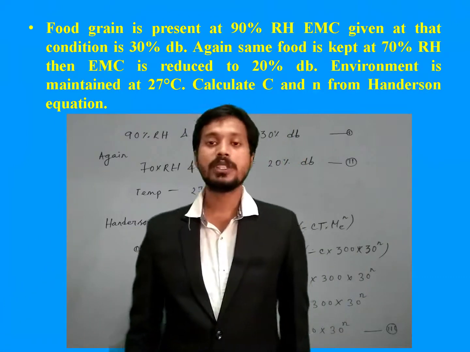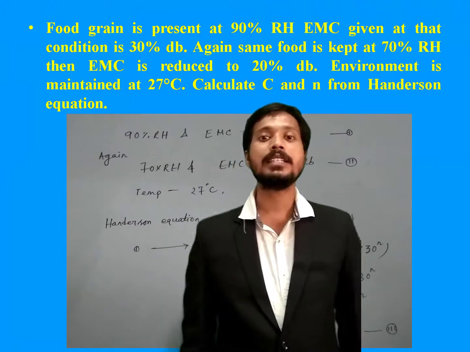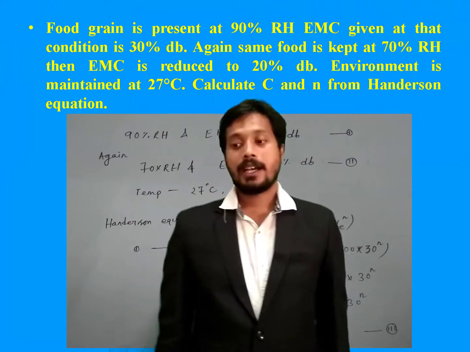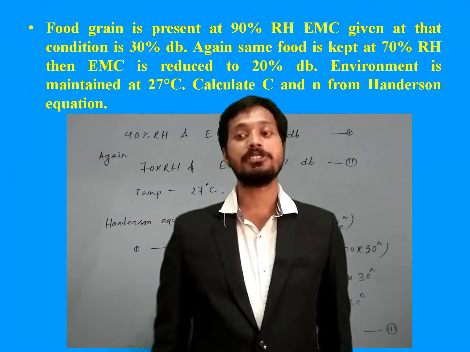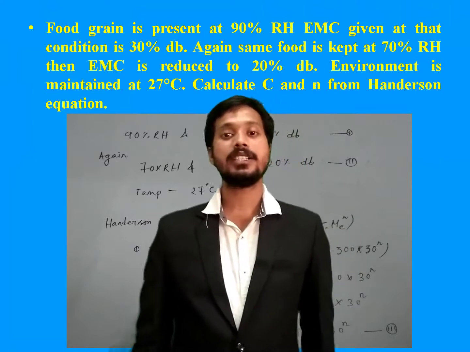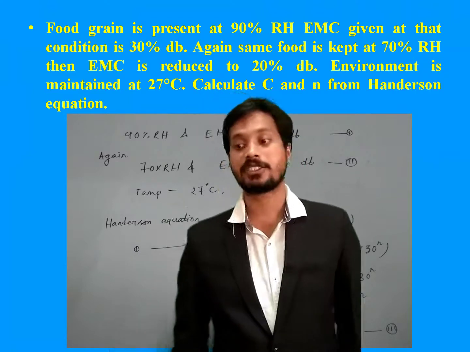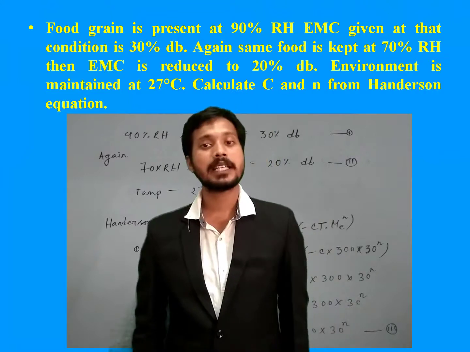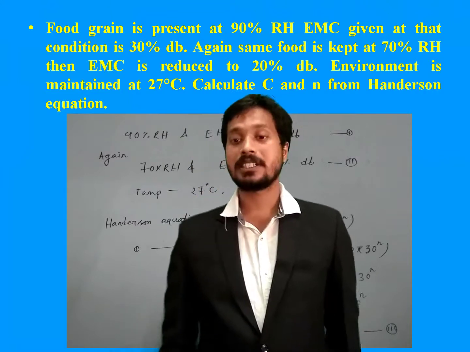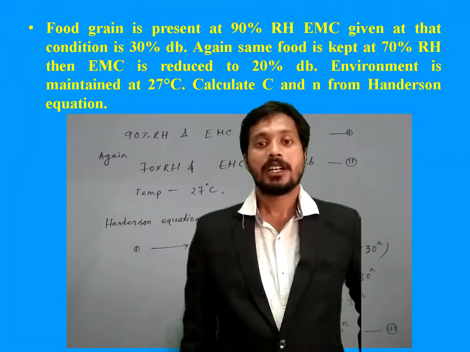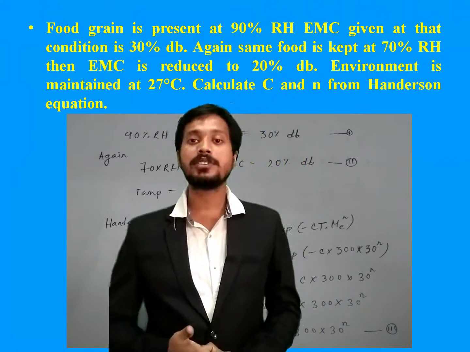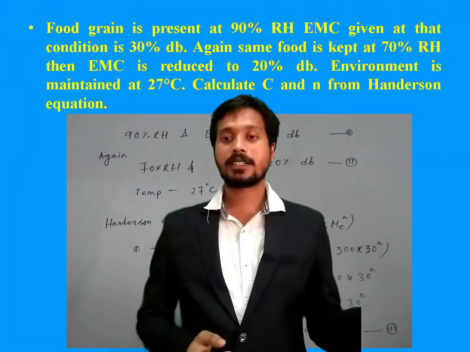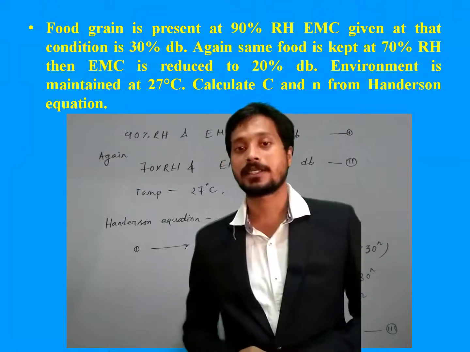Here you see food grain is present at 90% RH, and the equilibrium moisture content given at that condition is 30% dry basis. Again, the same food is kept at 70% RH. Now you tell me, the value of EMC will be lower than this 30% or higher than 30%?